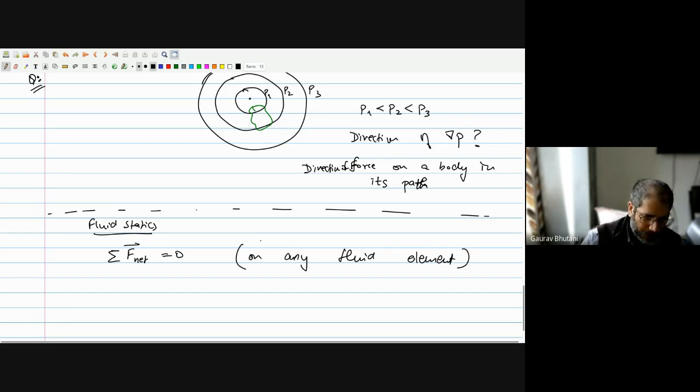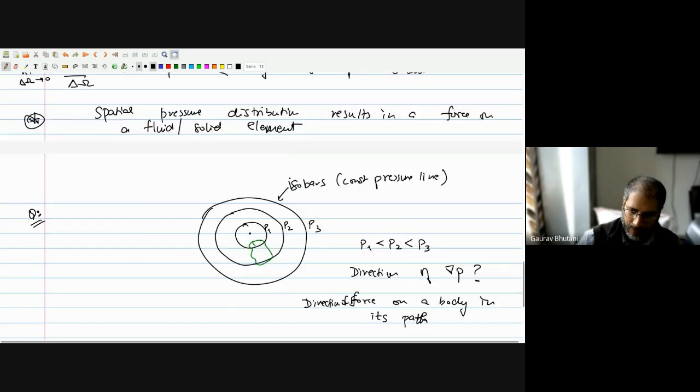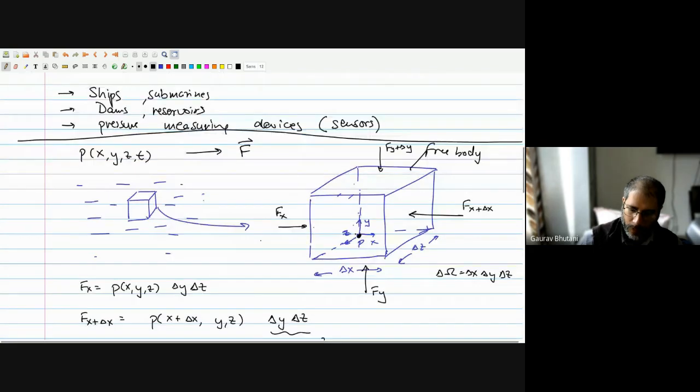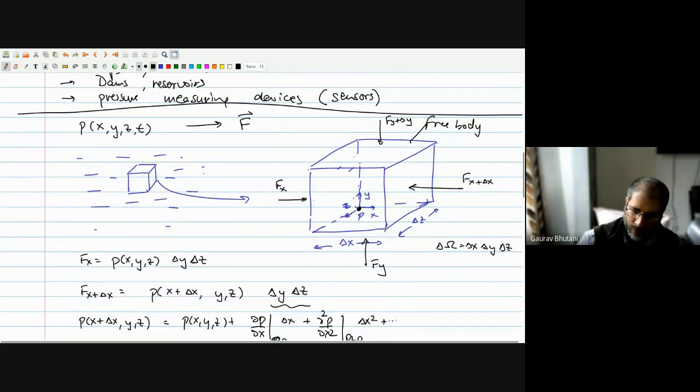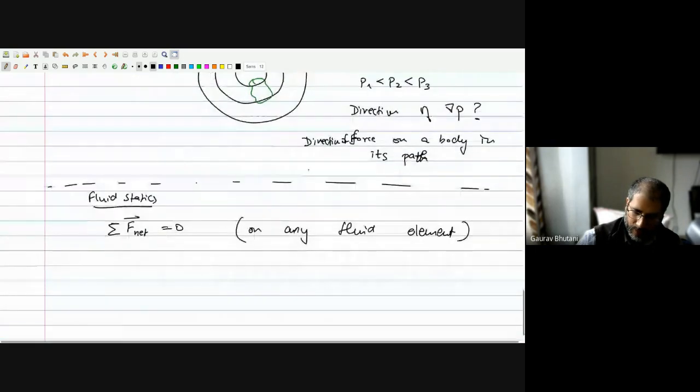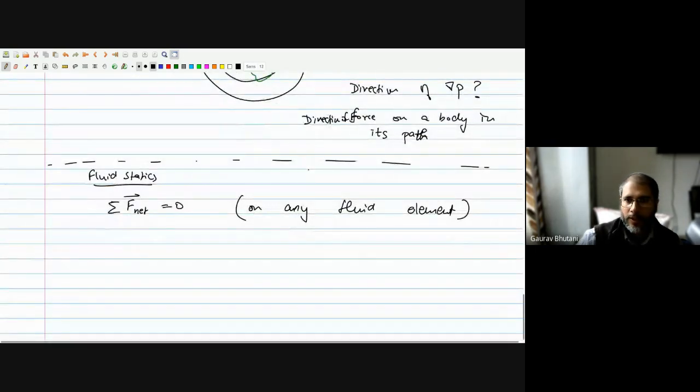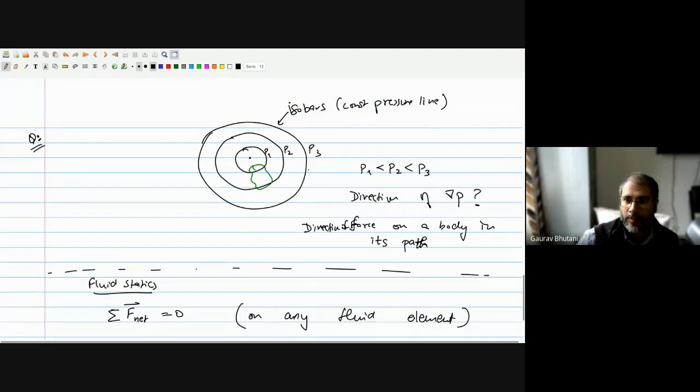Now let's say the blue liquid, the fluid volume that we considered earlier, that blue cube. Since this is also stationary, the net force acting on this volume has to be zero. But there is some force acting because of the pressure distribution.